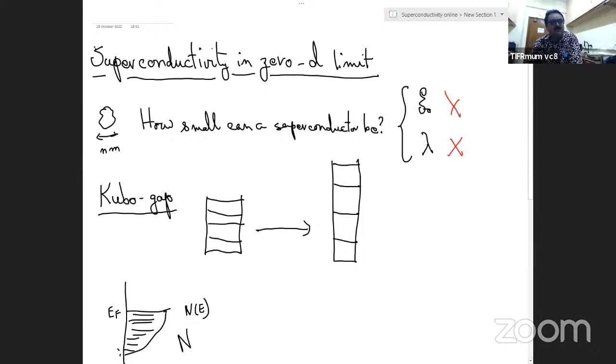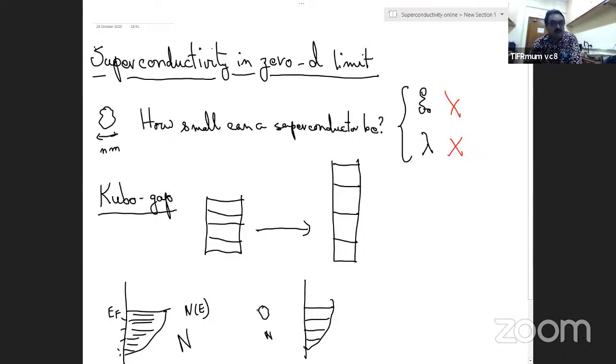This n is a very large number for a large size sample. But if I take a very small size sample, then n is small. When n is small, the bandwidth roughly remains the same, but now I have a much smaller number of energy levels.